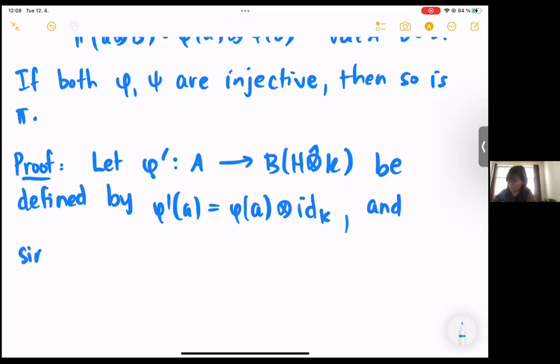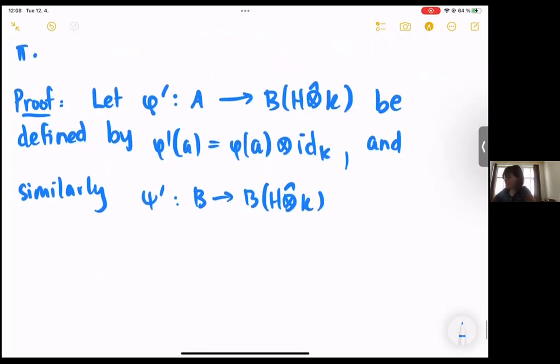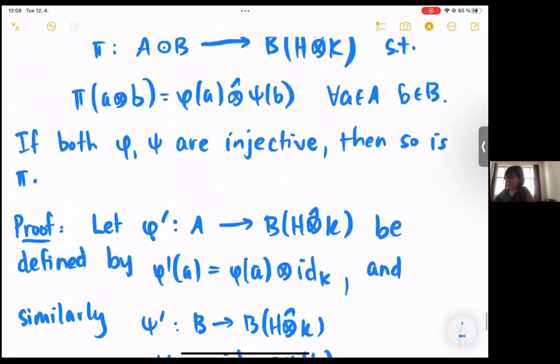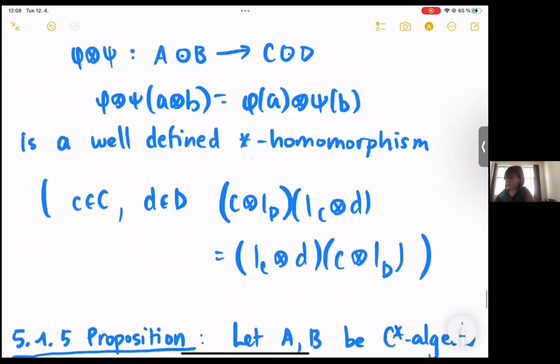Similarly for psi prime, by sticking it in the second tensor vector. Then, as I observed here, their images will commute.